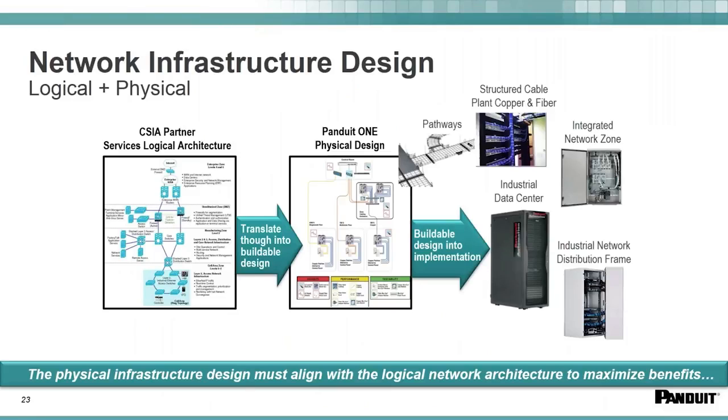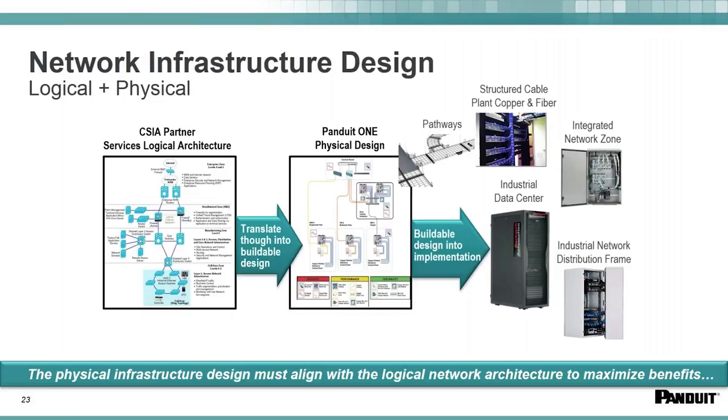So what we really talked about here is the physical. To really do a network design, the best approach is there is a logical component as well. So we always have the logical piece and the physical piece. And the logical piece, this is where we really turn to the CSCI partners, and they're the people who can help create that logical architecture.